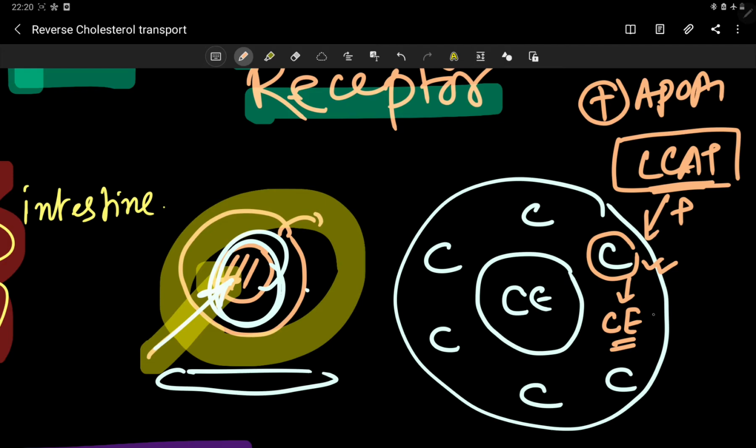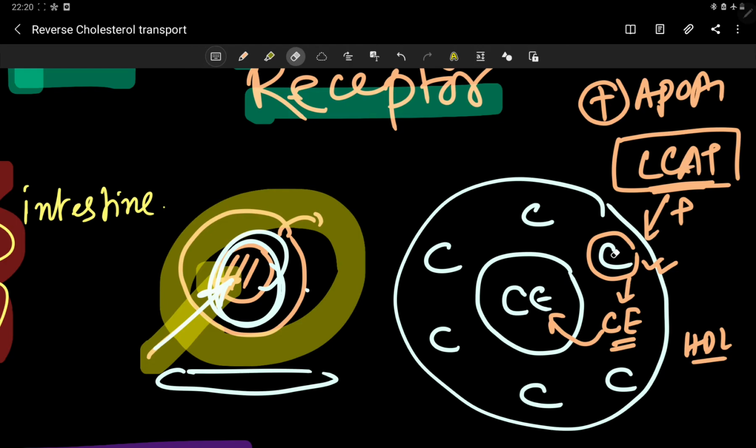Now this cholesterol ester is a hydrophobic substance. This cholesterol ester is mobilized toward the core of this HDL from the periphery. So cholesterol was the polar substance.